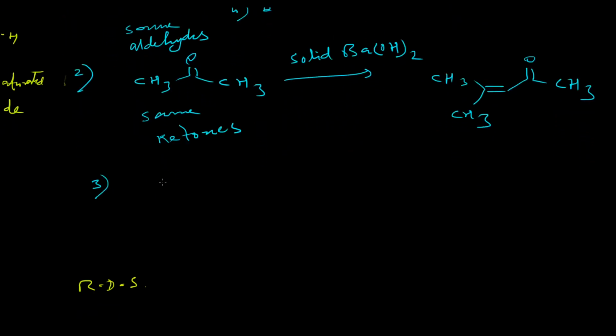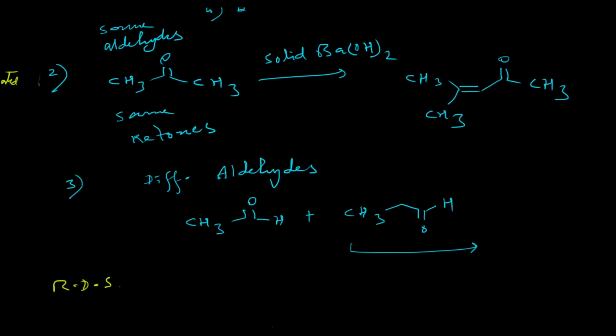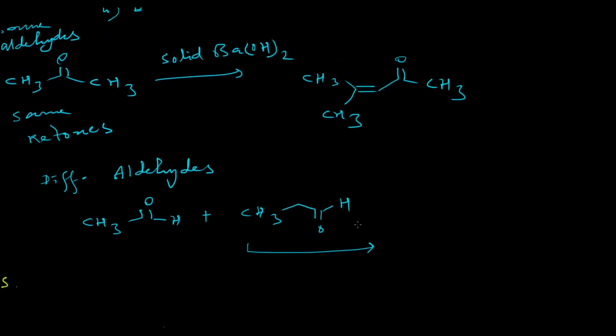In the third case, different aldehydes can react with each other. Suppose we are reacting one molecule of acetaldehyde with one molecule of this compound. Then what will be the product? We will obviously get a mixture of products.